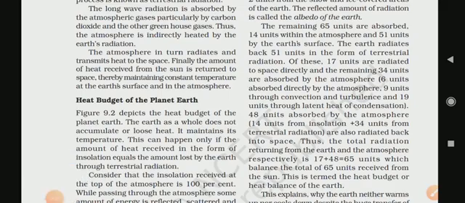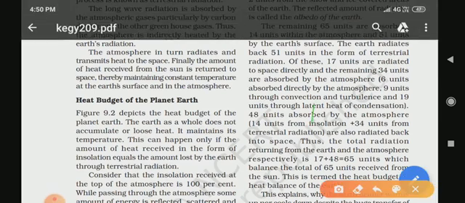Next is advection. Students, suppose there are two points, A and B, and A has high pressure and the other has low pressure. So where temperature is low, pressure is high, and heat is transferred horizontally from high to low.